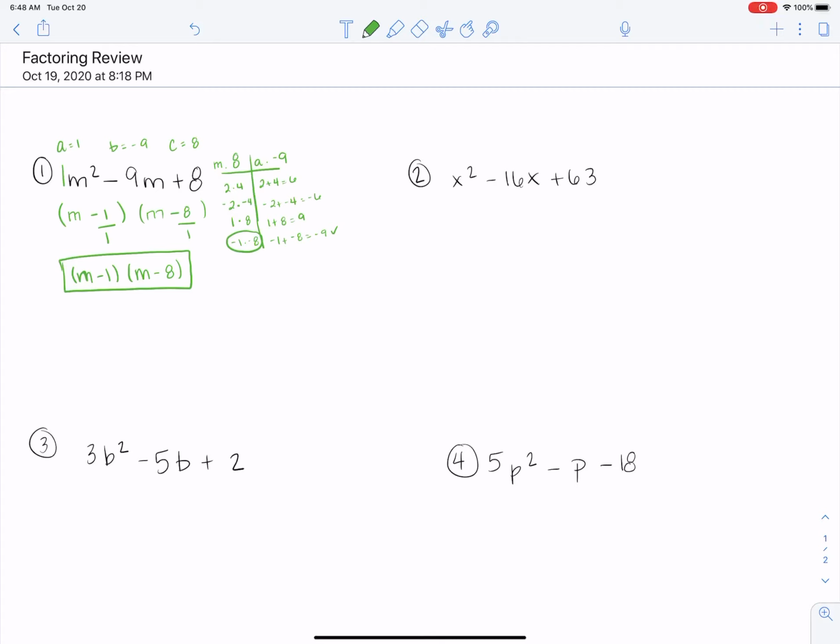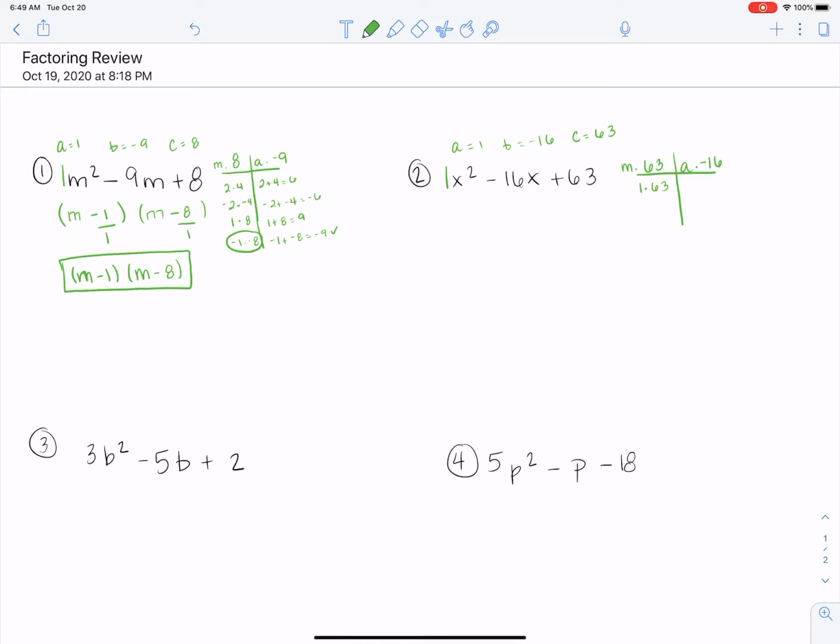All right, example 2. First, we need to label A, B, and C. There's an invisible 1, so A is 1, B is -16, and C is 63. Now I need to create a chart. I'm going to multiply A times C, 1 times 63, 63, and add to -16. 1 times 63 is 63.